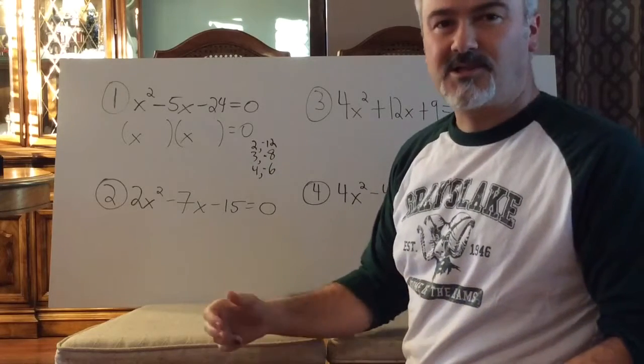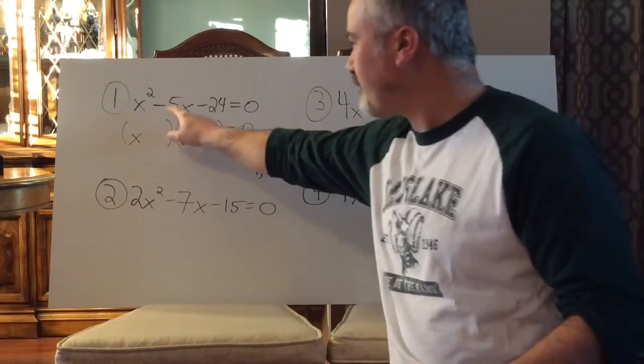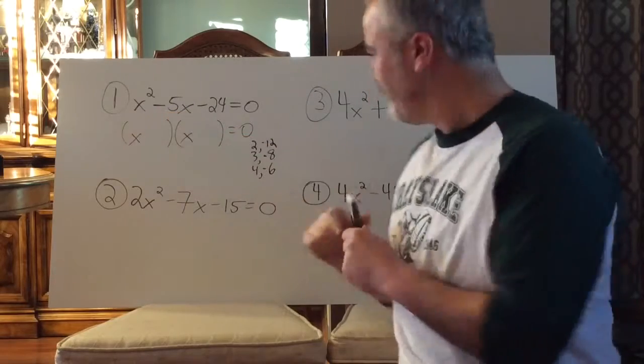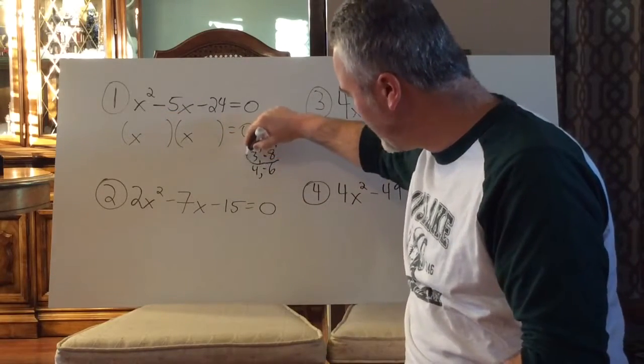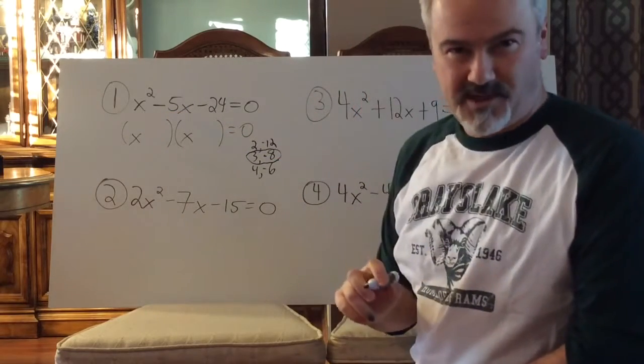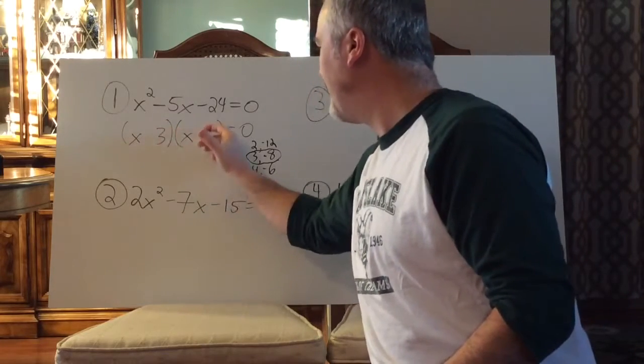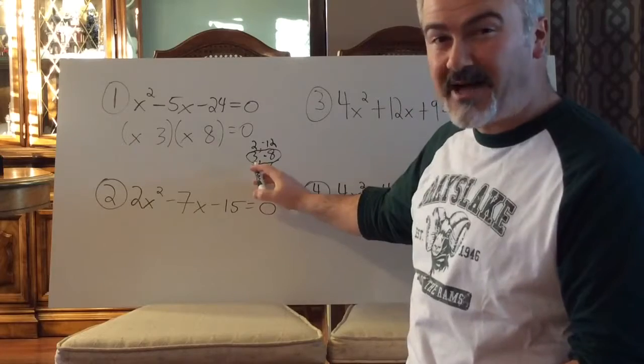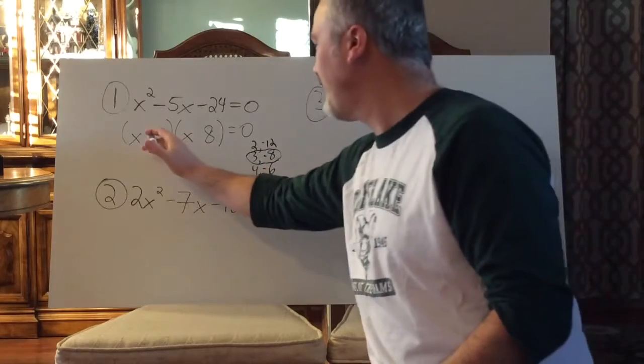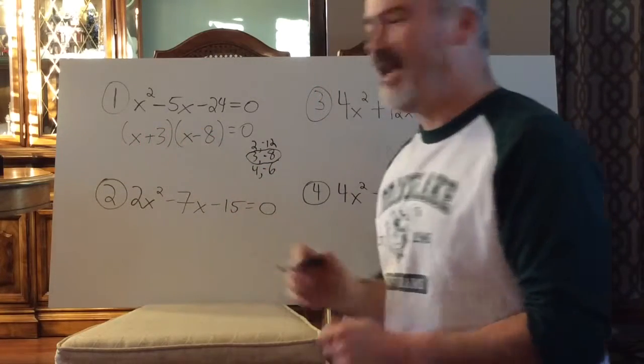But those numbers also have to add to be my negative 5. Those are the ones that work, my 3 and my negative 8. So I can put a 3 and an 8. Since my 3 is positive and my 8 is negative, I can have it look like that.